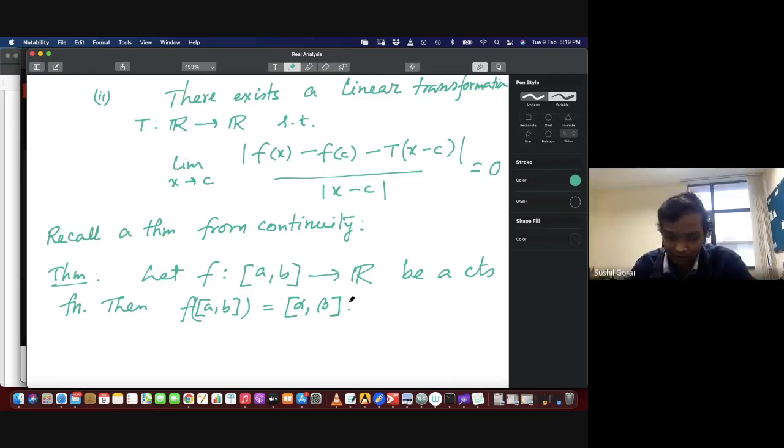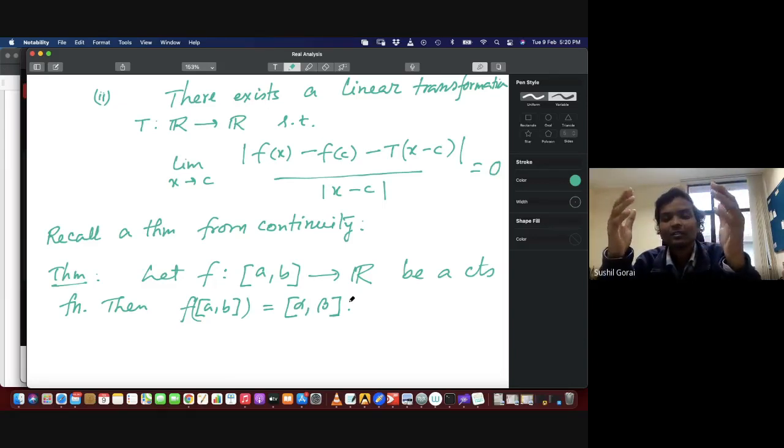Yeah, so do you know the proof of this one? This is one of the very important theorems in continuity. If you don't remember the proof, you go back and look at it. This is very interesting. In R, two things are connected: compactness and connectedness. The continuous image of a compact set is again compact, and the continuous image of a connected set is again connected.